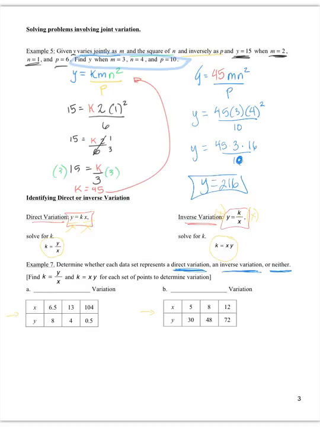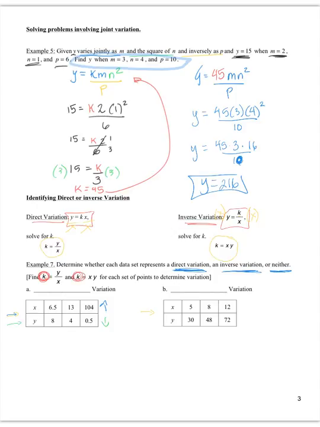So let's go ahead and just look at it. If I look at my x values in my first table, I see that my x values are increasing. If I look at my y values in my first table, I see that my y values are decreasing. So you can see that perhaps this is inverse variation. However, we have to double check to make sure we have a constant k.